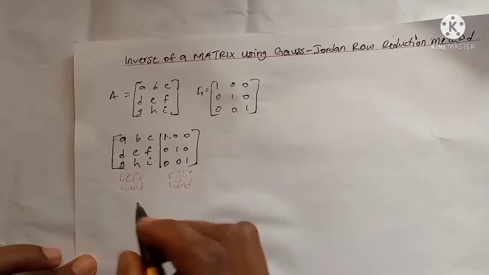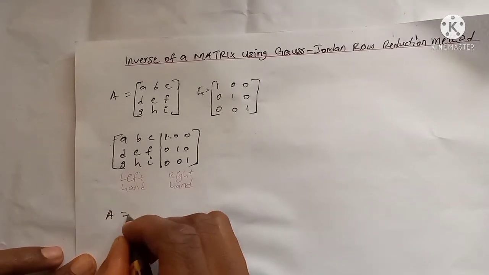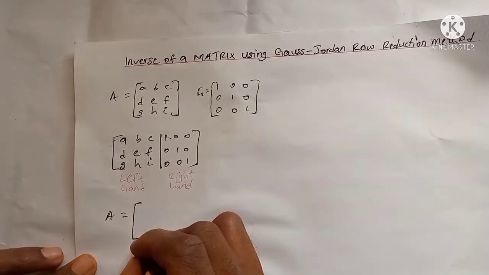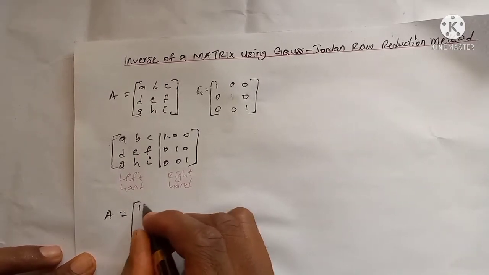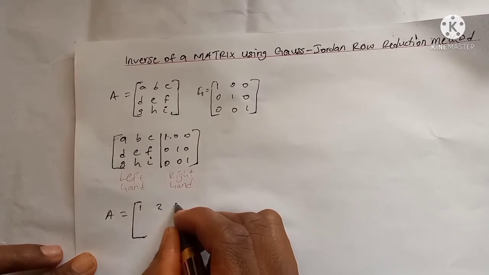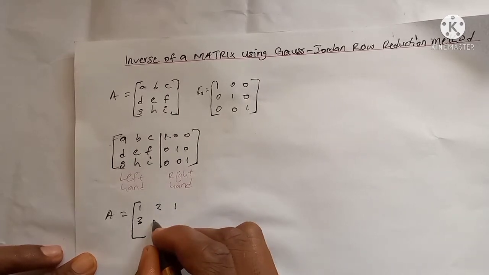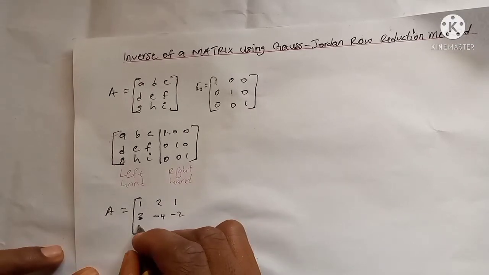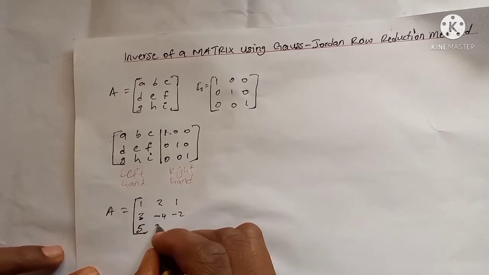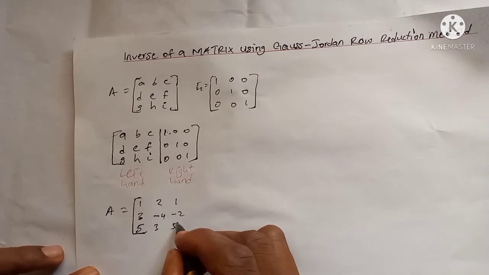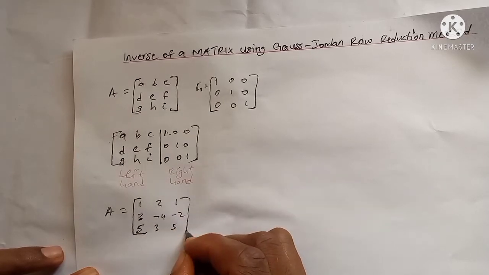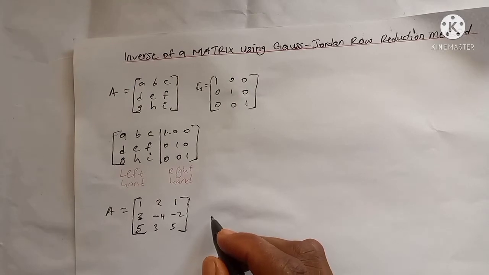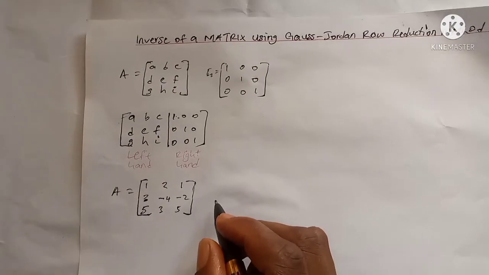Let's say we have matrix A equal to 1 2 1, 3 minus 4 minus 2, 5 3 and 5. Now let's find the inverse of this matrix A using Gauss-Jordan row reduction method.